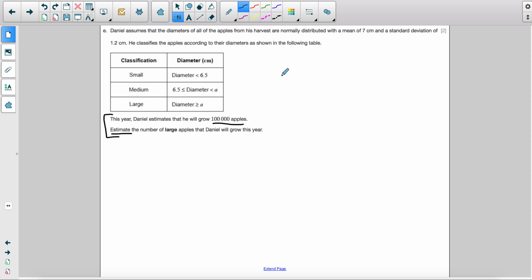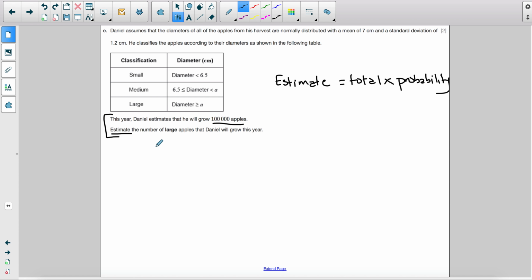Remember that an estimate is calculated by taking the total number you have multiplied by the probability. And so we have our total, which is 100,000, and then we need to calculate the probability.